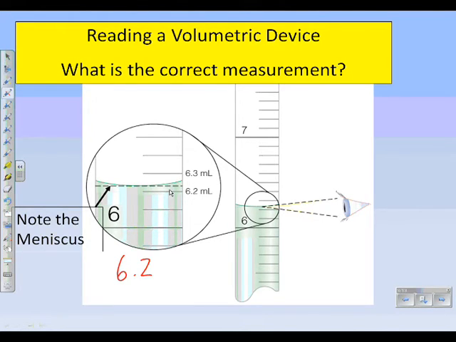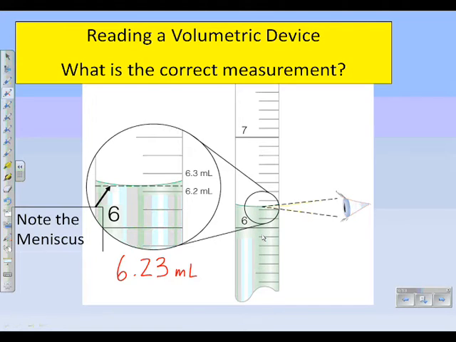And remember, it only goes one place past what you know for sure. So I take a look at this little dotted line and I think, okay, it's about 30% of the way between 6.2 and 6.3, or 3/10 of the way. So I'm going to say for sure I know the volume of that liquid is 6.2, but then I'm going to say it's 6.23 milliliters.